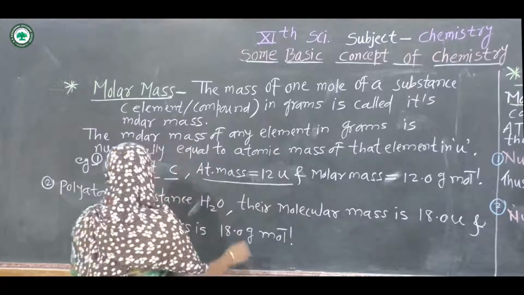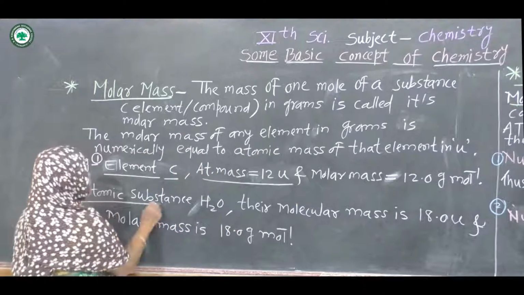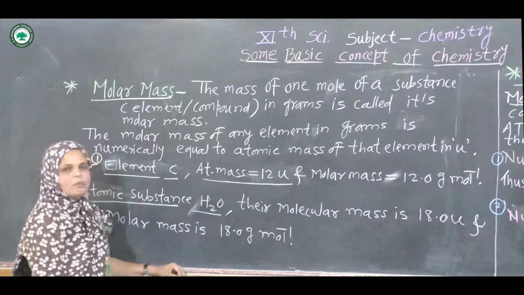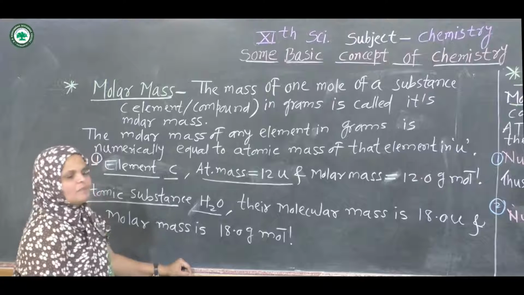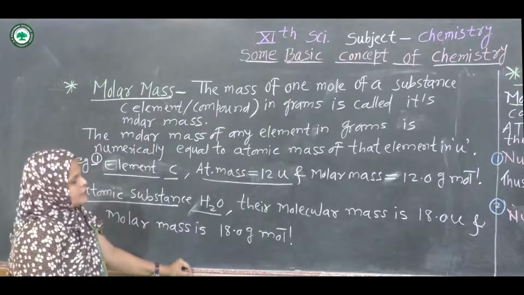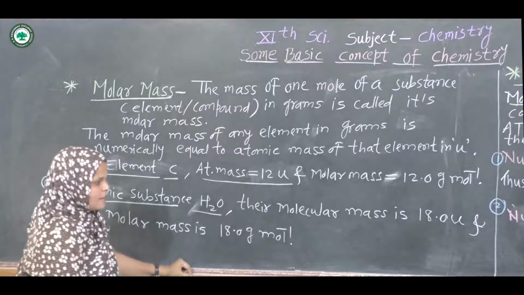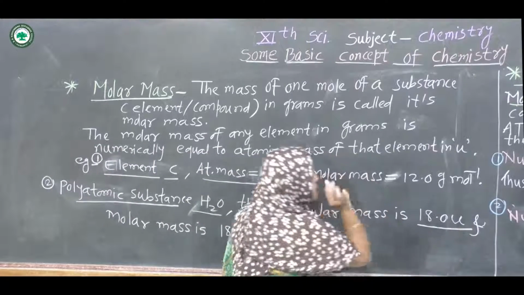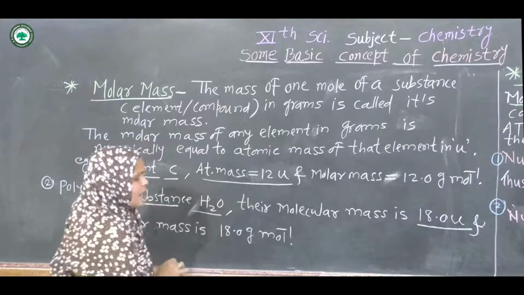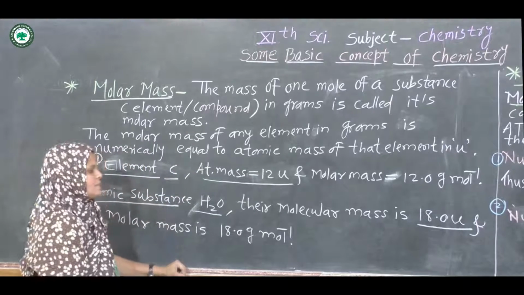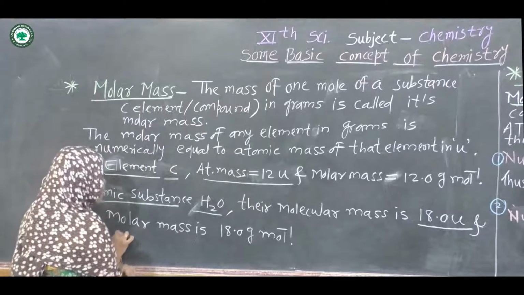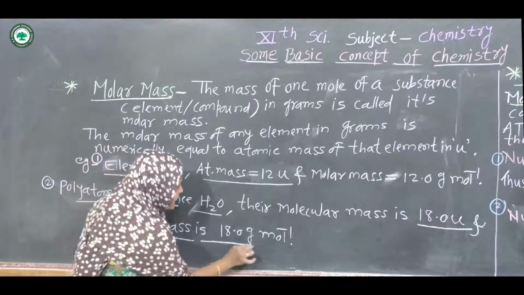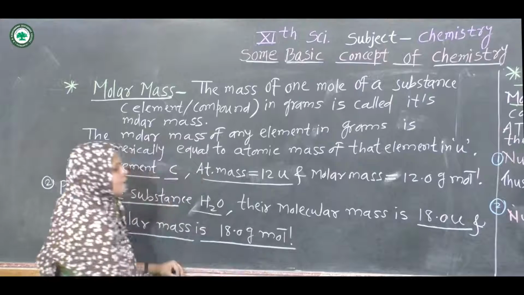Next we say what is a polyatomic substance. It is H2O. Its molecular mass, expressed in unified mass unit, is equal to 18 unified mass unit, and this 18 unified mass unit is the molar mass in gram, which is equal to 18 gram per mole.